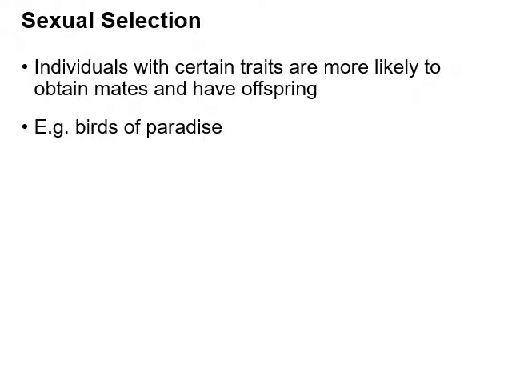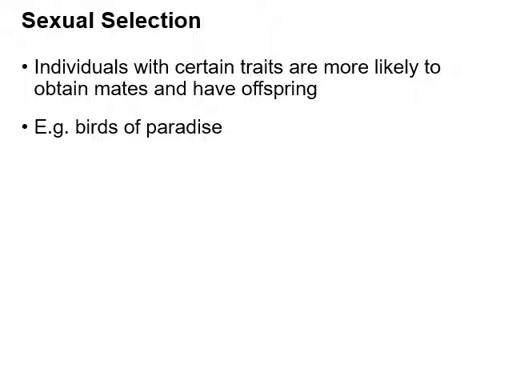Okay, one last thing that I want to talk about that is kind of another way that things can evolve is what's known as sexual selection, right? So sexual, of course, implies reproduction, and that's what we're getting at here, is that individuals that have certain traits, sometimes those traits make them more likely to find a mate and to have offspring.